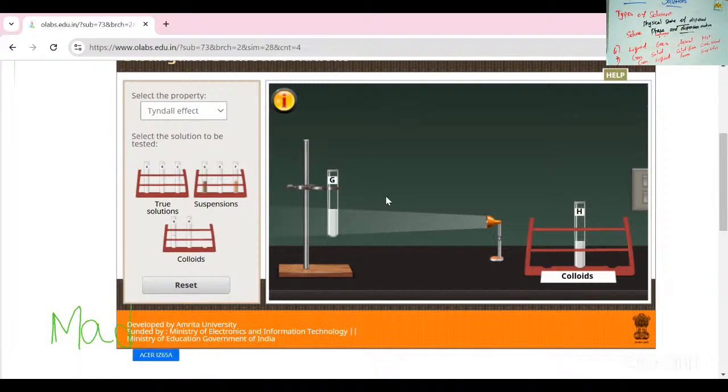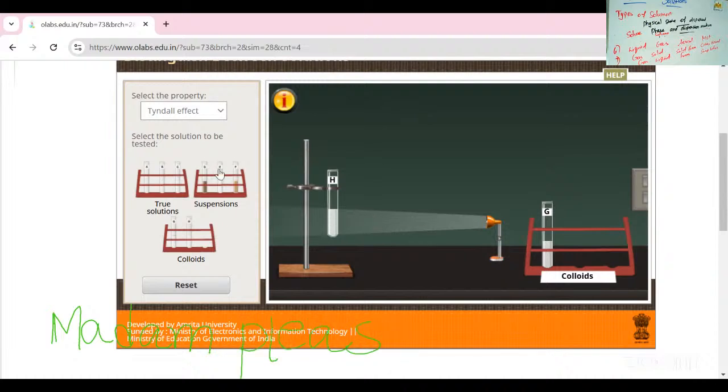Okay. Second one, egg albumin. See here, the light is clearly visible. So colloid is confirmed with the help of that Tyndall effect. Tyndall effect occurs in this area, the beam. So this is colloid nature.